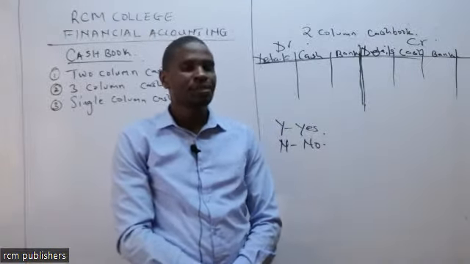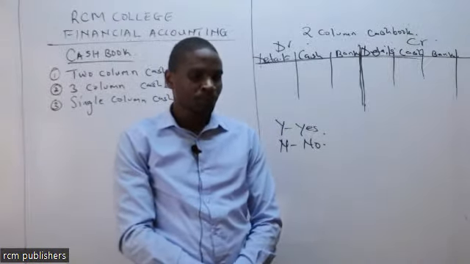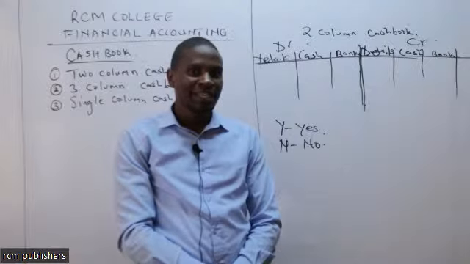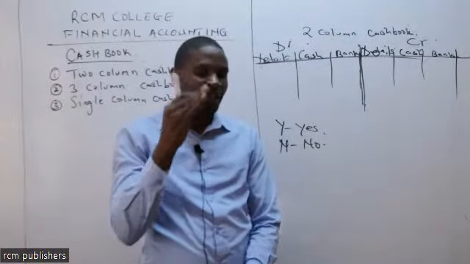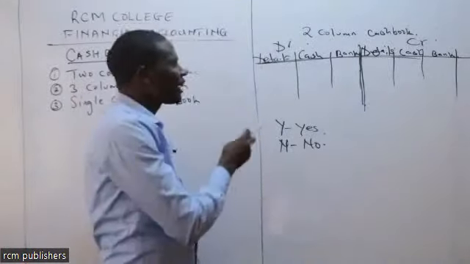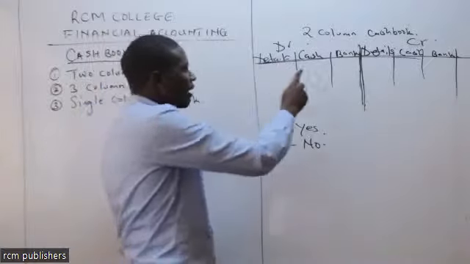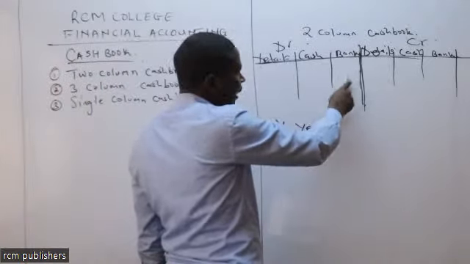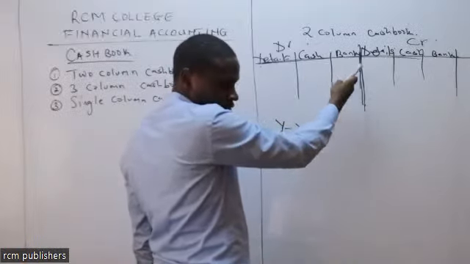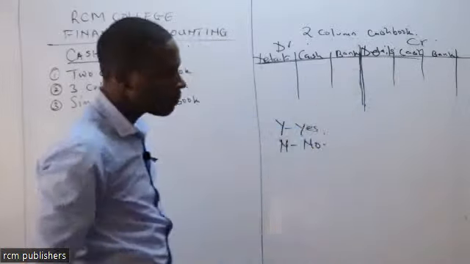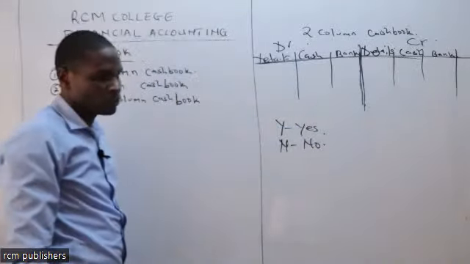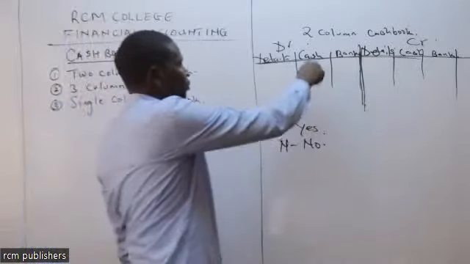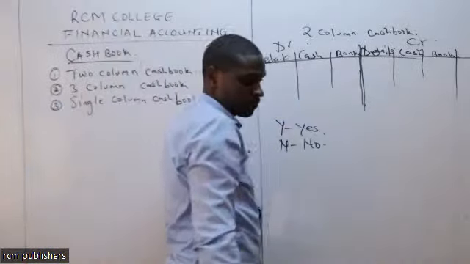Please, if you had forgotten, let it stick in your mind that a 2-column cash book has cash and bank, or the other way, bank and cash, depending on how you want it to be. But this is the first column, the second column.